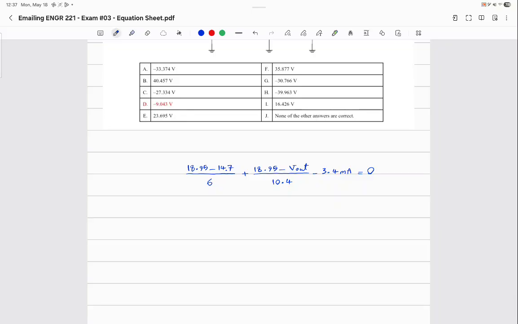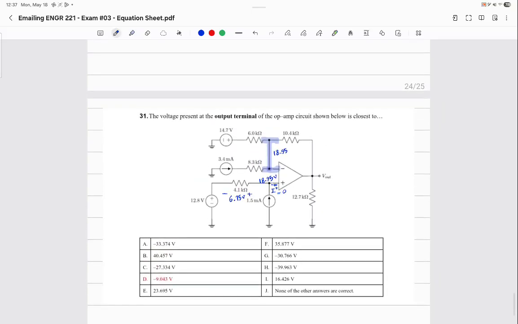What did we just do the KCL for? KCL at the negative terminal of the op amp. Did that make sense?